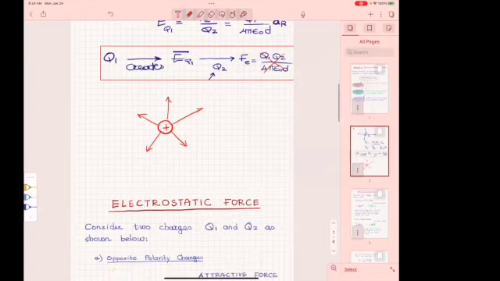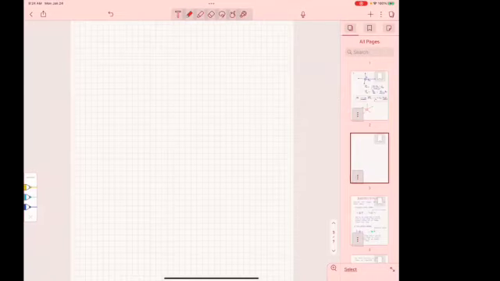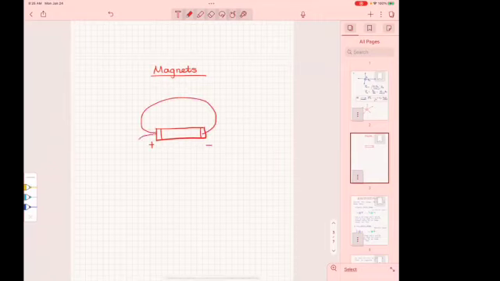So, for example, an iron magnet, how does it work? Can anybody tell me? Since we don't have charges, why do we sometimes show a magnet like this, and then show positive here, negative there, and then show something like that?